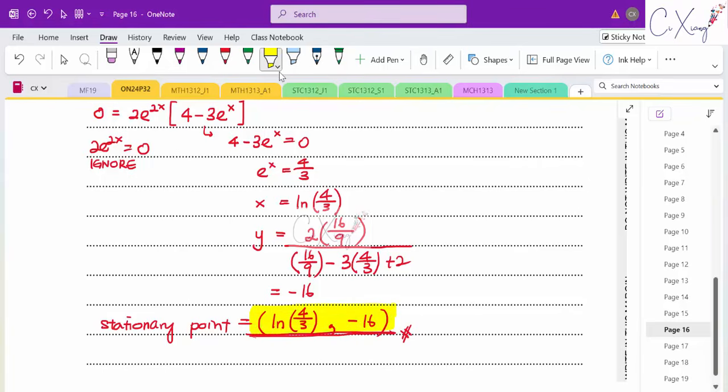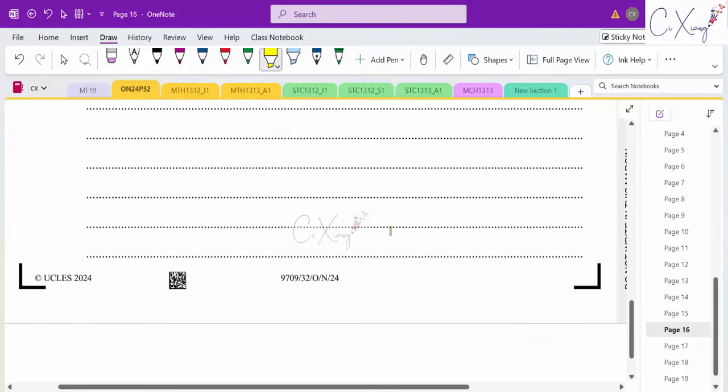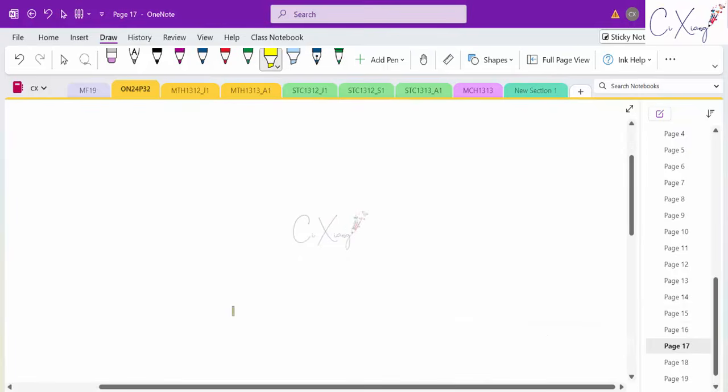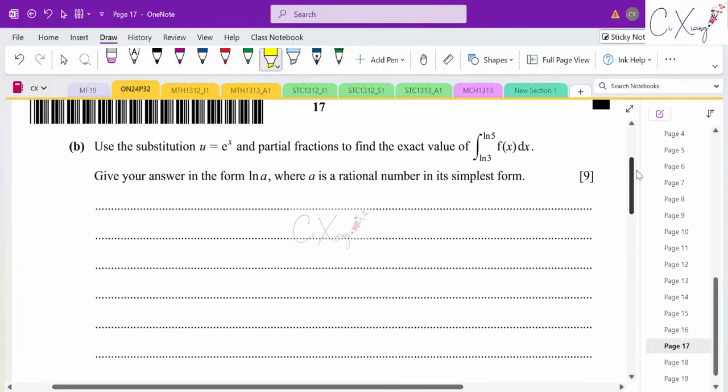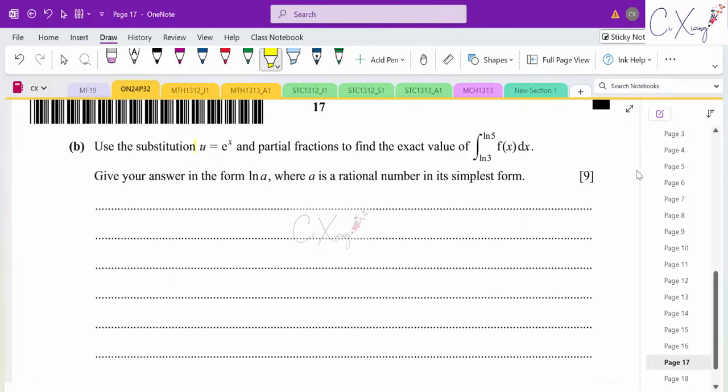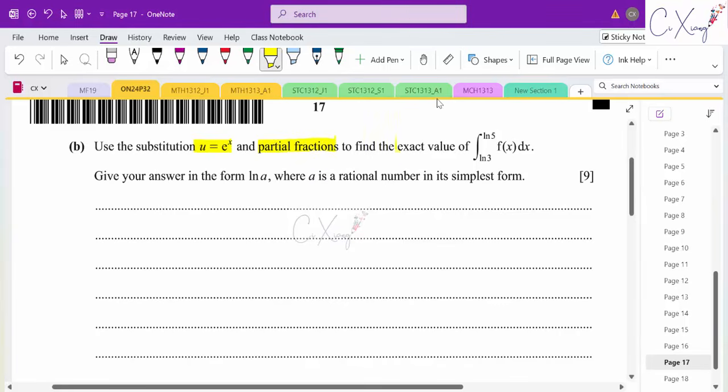Alright, let's continue to part B. For part B, use the substitution u equals e power x and also partial fractions to find the exact value of this whole thing. Give your answer in ln a, where a is a rational number in its simplest form.